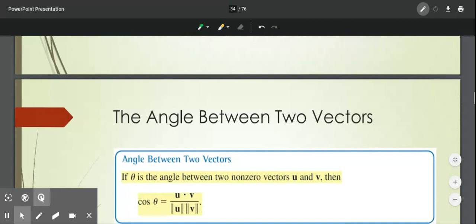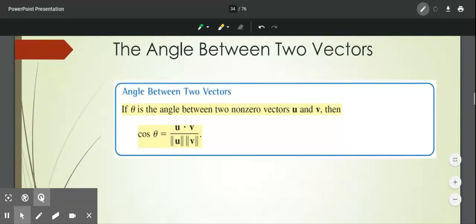Okay, so the angle between vectors formula uses the dot product and uses the magnitude. So we have the cosine of theta. The top is the u dot v, right? So that's just your dot product. And then remember that these are your magnitudes.